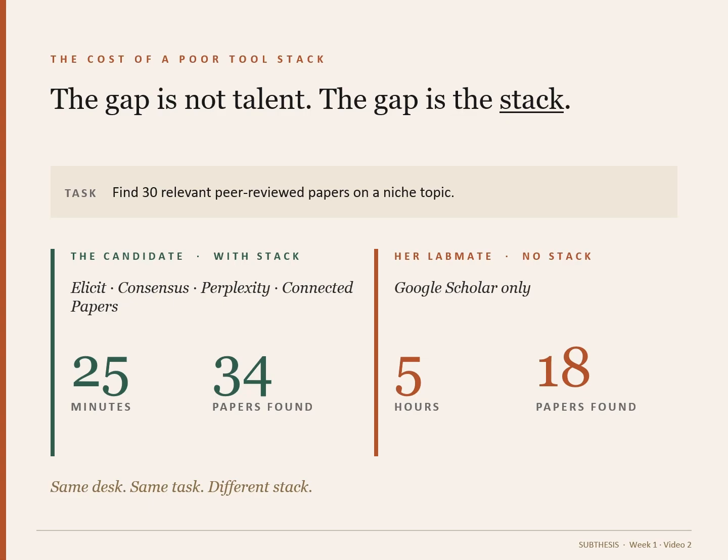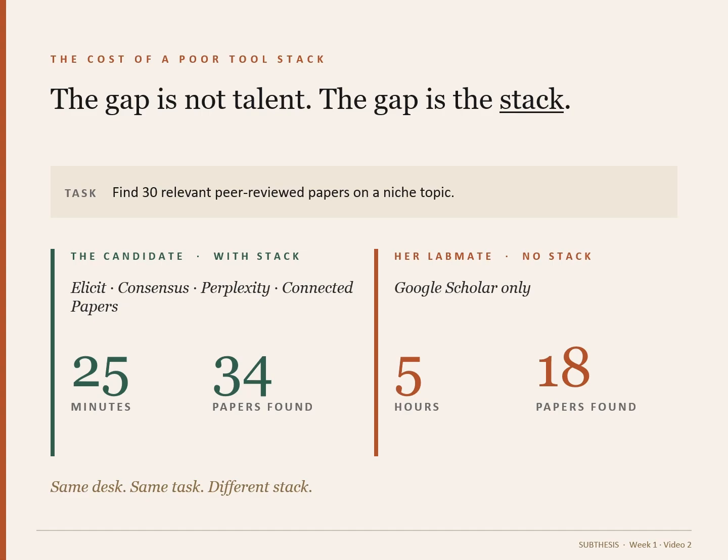She needs 30 relevant peer-reviewed papers on a niche topic, say, the use of digital twin models in heart failure readmission prediction. She also has a labmate, 2 desks down, with the same task. She opens a small set of tabs that fit the job. One tool for structured question-to-paper list workflow, one for claim-level evidence aggregation, one for the broad cited sweep, one to find the citation cluster around the first useful hit.